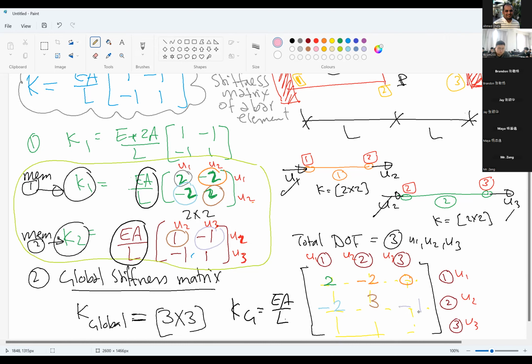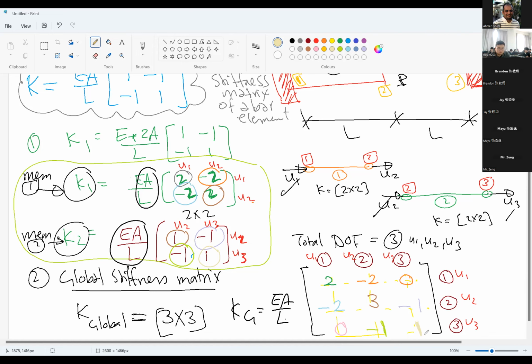So next one we have U13. U13, we don't have any U13, so it will be 0. Next we have U23. U23 is only here, so it will be -1. The last one will be U33, only here, so it will be 1.